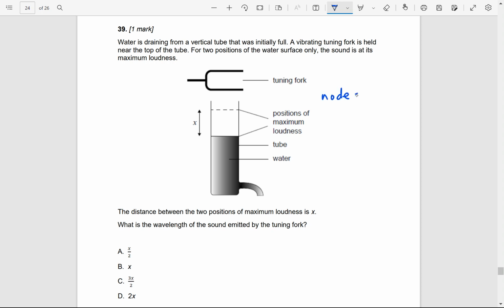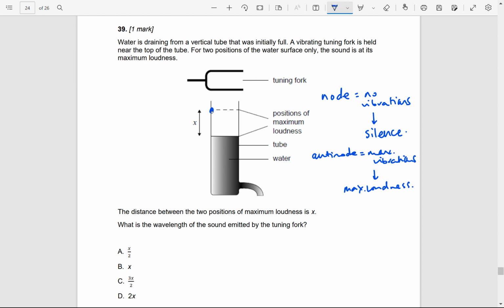If there are no vibrations, in other words, if you're at a node, no vibrations, you get silence. Okay. If you are at an antinode, you have maximum vibrations, and therefore you have maximum loudness. Okay. I should write maximum.